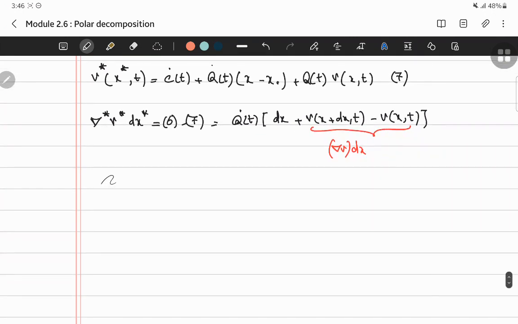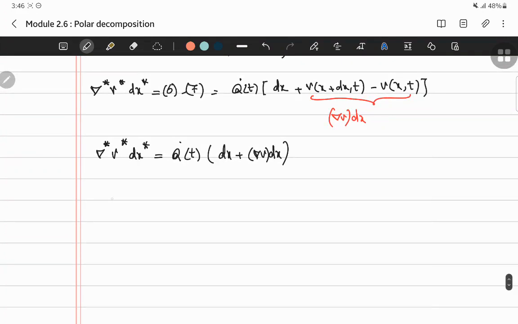So we have del star v star dx star is equal to Q dot t times dx plus del v dx. And remember here, everything is based on dx. So I use dx star is equal to Q(t) dx, and replace this dx star with this.